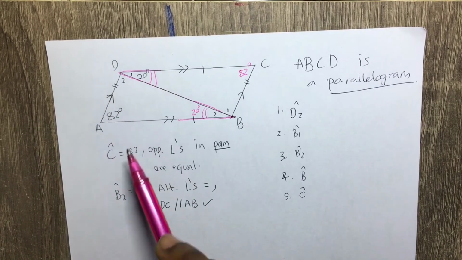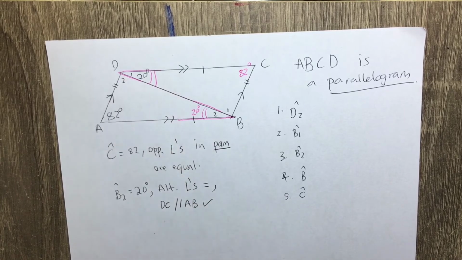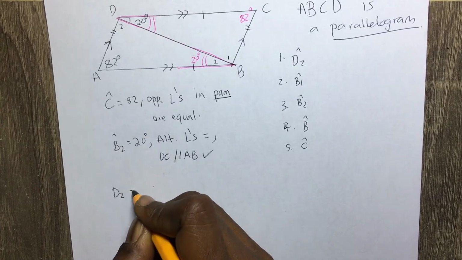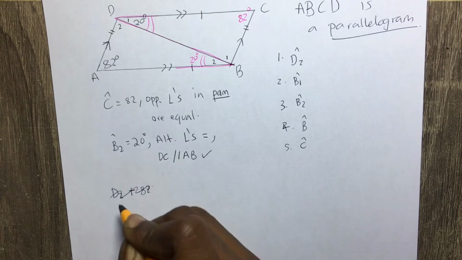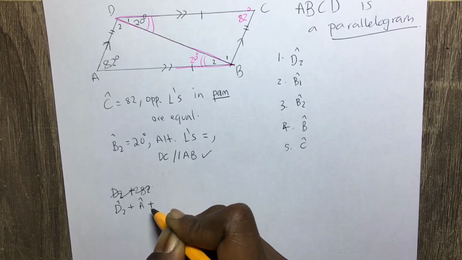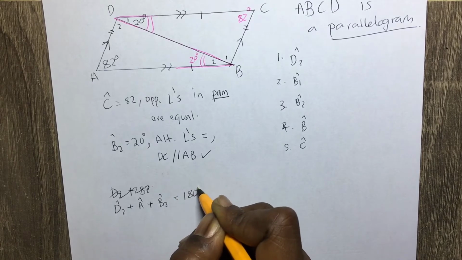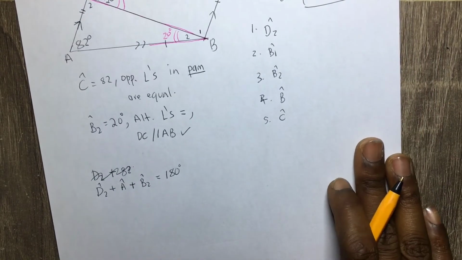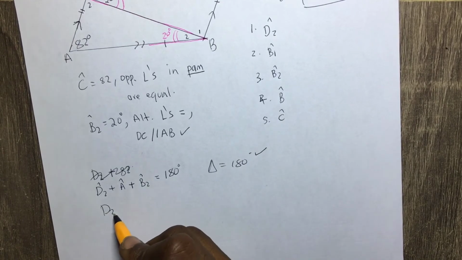So I can find D2 now because I've got this angle and this angle. So I can use angles inside a triangle to find D2. Okay, so I'm going to say, should I write first the angle D2 plus angle A plus angle B2 equals to 180 degrees. I hope you see it. So what rule am I using there? Angles inside the triangle add up to 180 degrees. So D2 is what we're calculating.